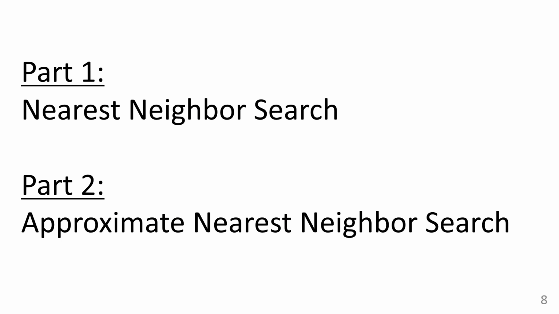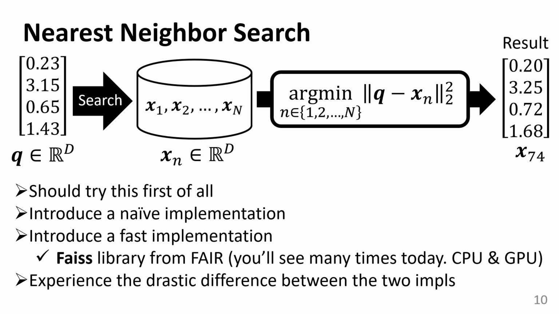So this tutorial consists of two parts. In the first part, I will introduce exact nearest neighbor search, and in the second part, approximate nearest neighbor search. Let's start with the first one. Again, this is a picture of our problem.